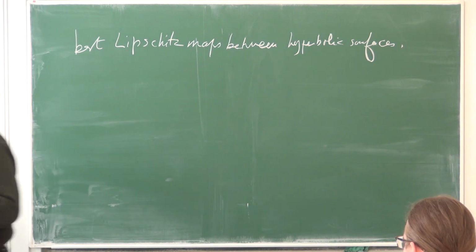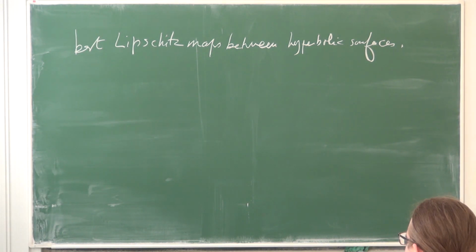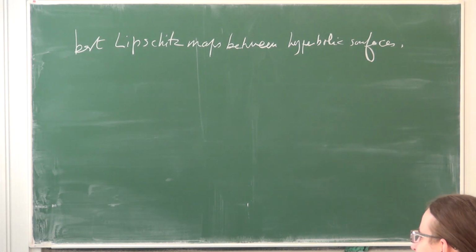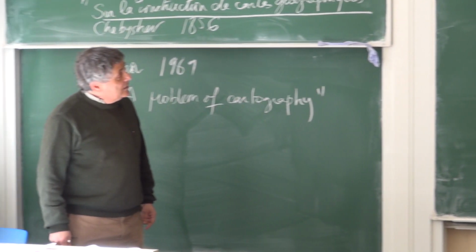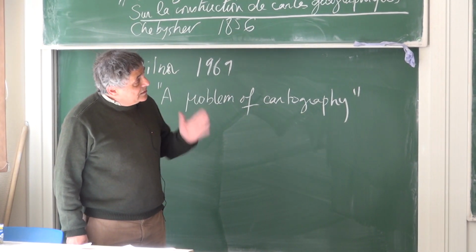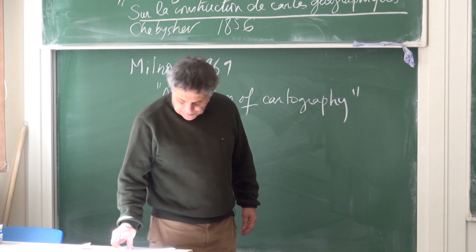It turns out that this problem of best Lipschitz maps is easier to deal with between hyperbolic surfaces than between Euclidean surfaces and then between spherical surfaces. And it is because of the existence of Lipschitz maps between ideal triangles, which we will talk about. And these ideal triangles exist only in hyperbolic geometry. So this will be the theme.